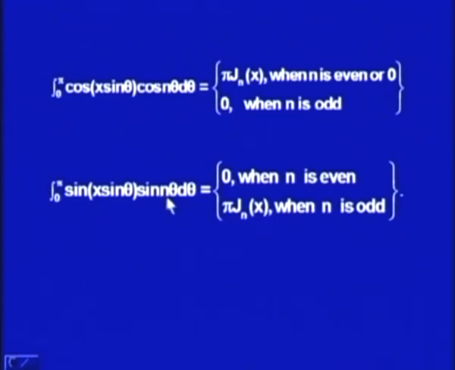So, when we multiply by sin n theta where n is even, then integral sin m theta into sin n theta d theta will always be 0, because m will not be equal to n, and then integral of sin square n theta d theta when n is odd will give us pi into J n x.